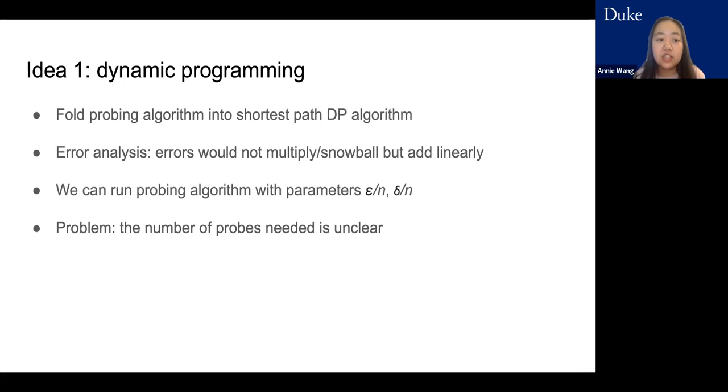They would behave linearly. And so it would be simple enough to run the probing algorithm each iteration with parameters epsilon over n and delta over n. However, the problem that we were running into is that the number of probes needed was unclear, and we could not upper bound this, even though we knew that it would be fairly accurate with high probability.